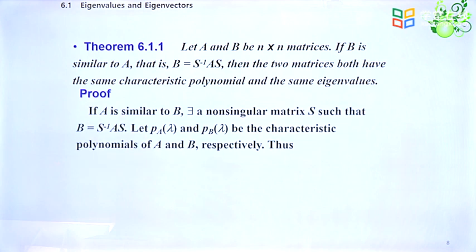If A is similar to B, then there exists a non-singular matrix S such that B equals S inverse times A times S. Let pA(lambda) and pB(lambda) be the characteristic polynomials of A and B respectively.